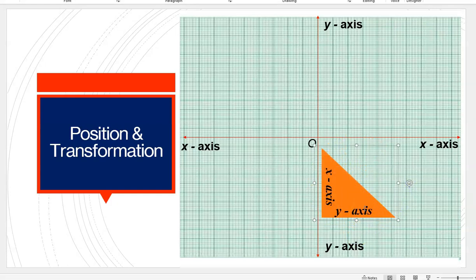So rotation through 270 anti-clockwise or 90 degrees clockwise, the formula is xy maps to y, negative x. This side is negative, so x is negative, and then y is positive. Okay, let's go back.